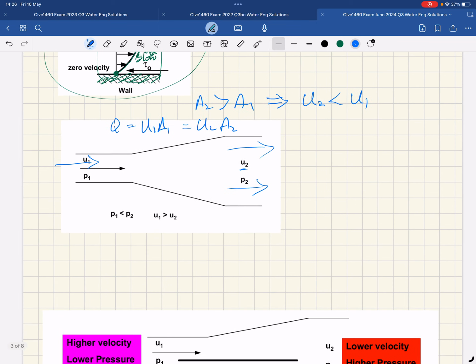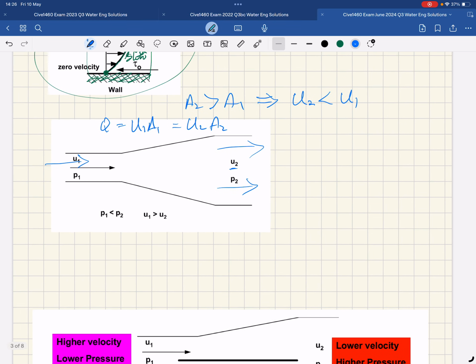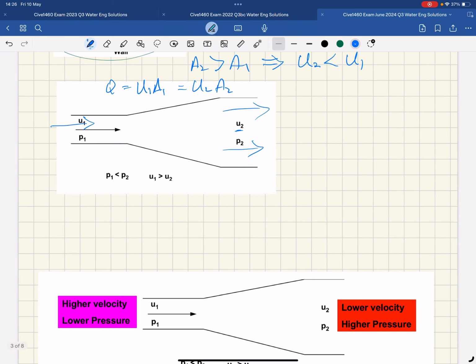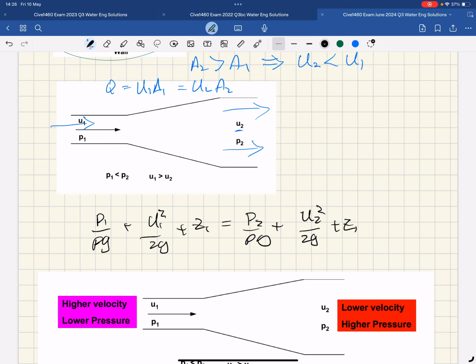Now, because of the Bernoulli equation, let me just write it down. This is an important thing to include in an answer like this. P1 over rho g plus U1 squared over 2g plus Z1 equals P2 over rho g plus U2 squared over 2g plus Z2. We've got a horizontal situation like this, so we can ignore the Z terms.